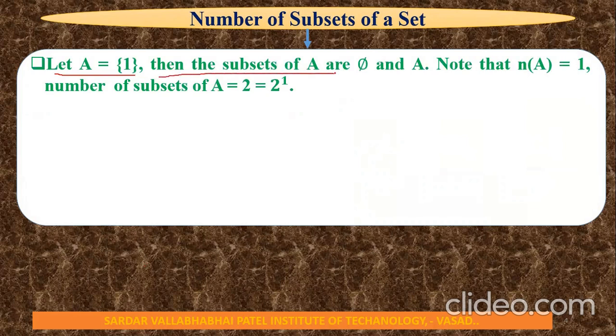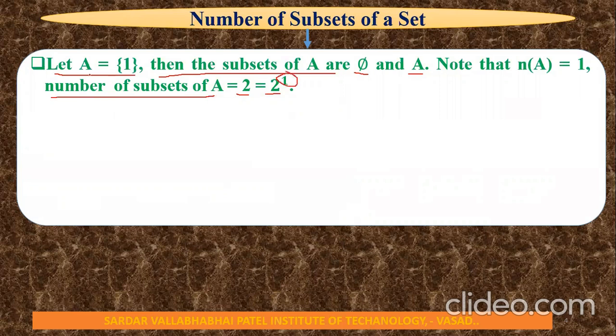Then the possible subsets of A are phi and itself. So the number of subsets of the set A is 2 in total. We write 2 raised to 1, because we define the formula.